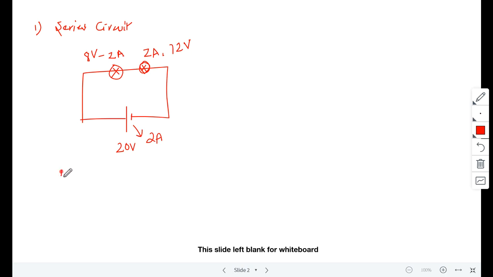So if I apply Ohm's law, V equals RI. Okay? Suppose V is the total voltage and I is the total current here.